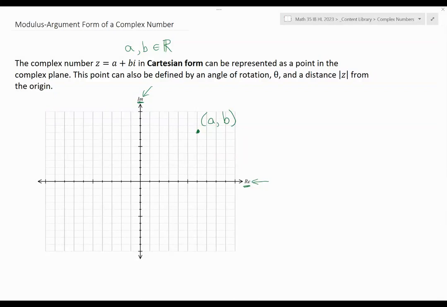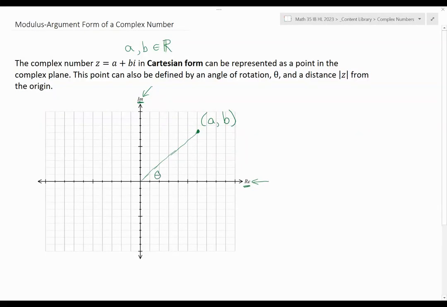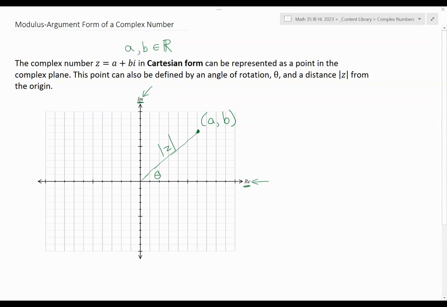Because of that, we can define the position of that point instead of using the horizontal and vertical displacement, or the real and imaginary parts of that number. We can represent that position by an angle of rotation, now angle in standard position, so taken from the positive real axis, and a distance, which would be represented by the modulus of z from the origin.